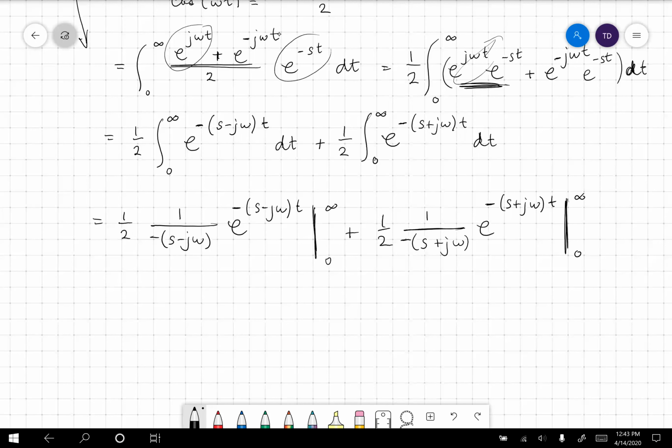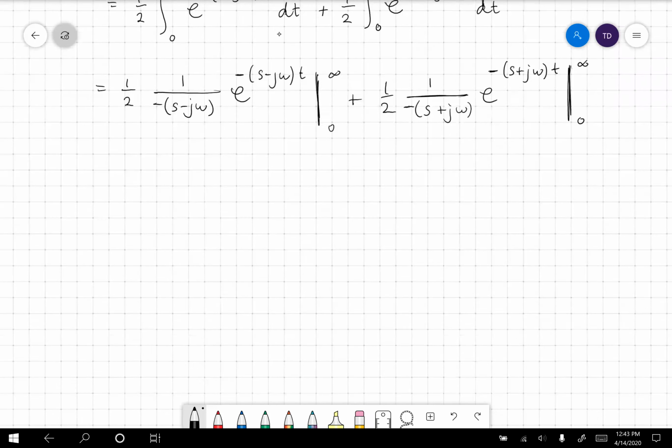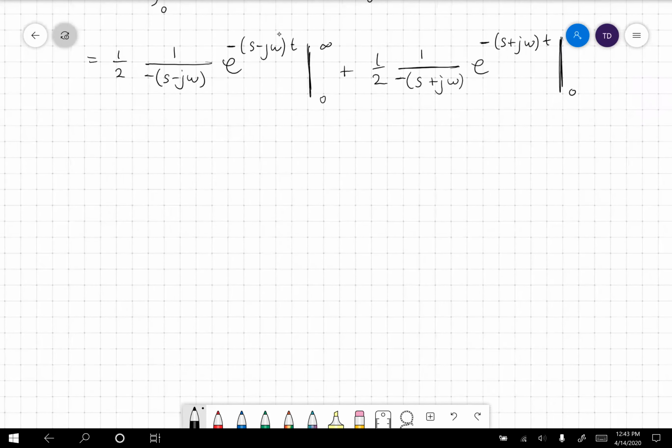I just want to remind you, everything we're doing here, it's not new. What's different is I have complex quantities inside of my integral. We're not used to that. But everything is all material that you've worked on and seen before. These are integrals of exponential functions.